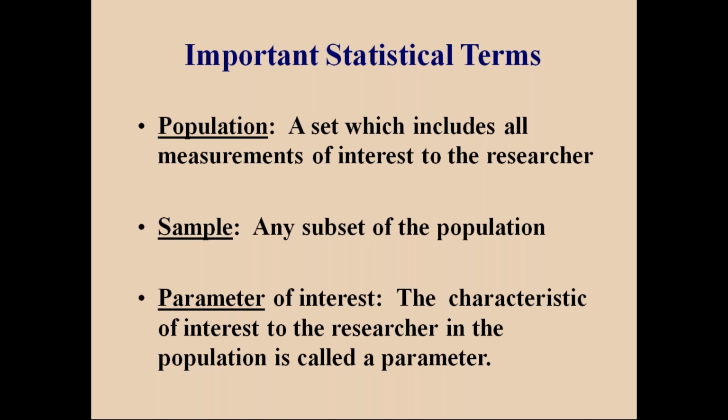The first point is population, the second one is sample, the third one is parameter. Population: a set which includes all measurements of interest to the researchers.